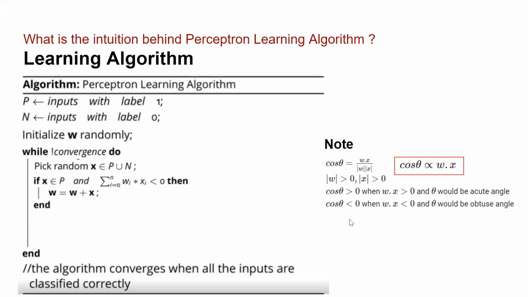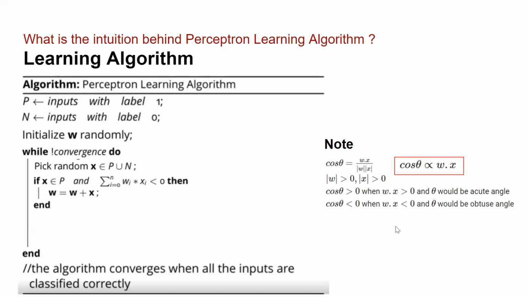If my cos theta is negative, that means W dot X also has to be negative. And if my cos theta is negative, that means my angle is always greater than 90 degrees.